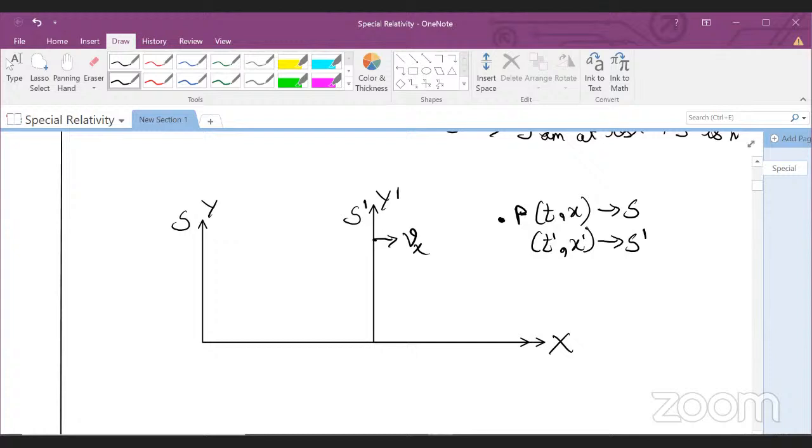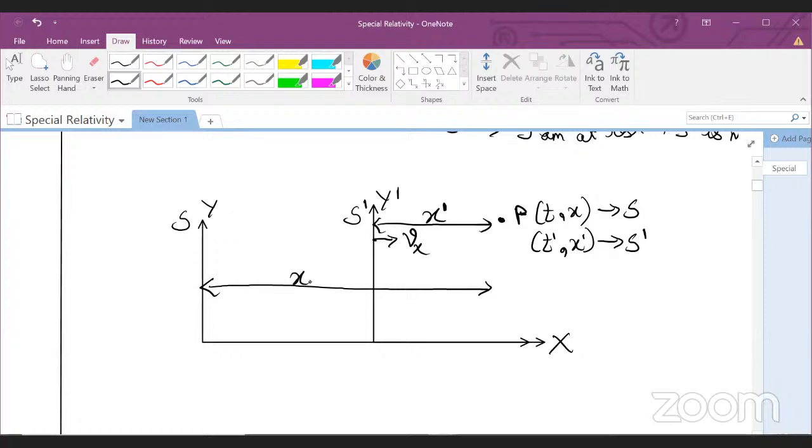Now, how do we relate these two frames, or these two coordinates? It is simple geometry that Galileo used. We know this distance is x dash, sorry, according to S dash it is x dash and according to S it is x.